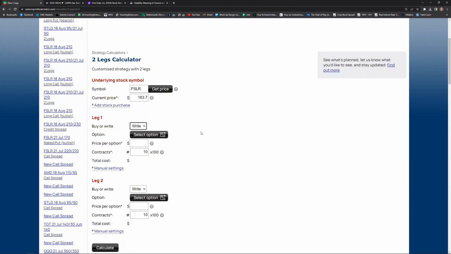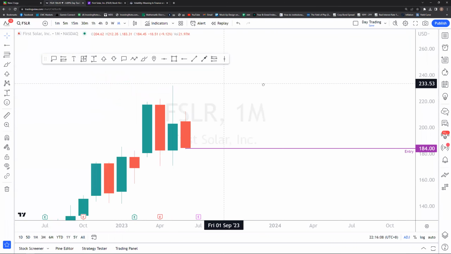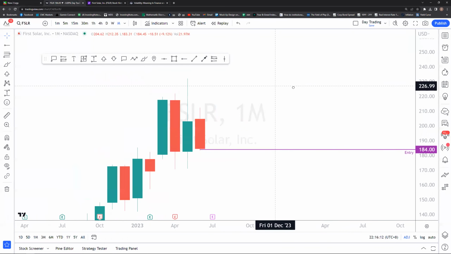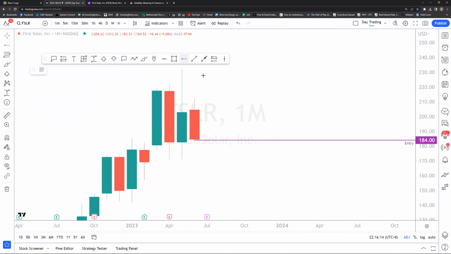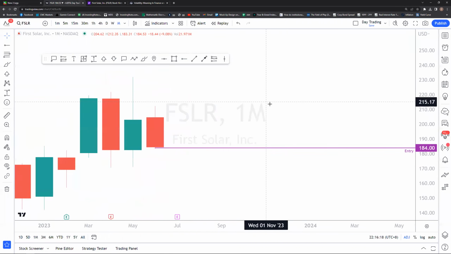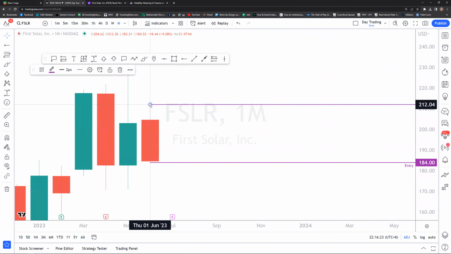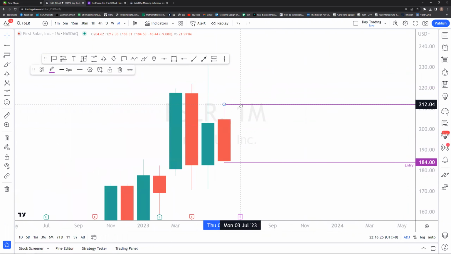So now we can work out a calendar spread and see what are the chances of hitting a certain price level lah. Okay, so in this case here, we are looking at call options, and then let's use this as a target, as in 212 lah. Okay, let's use this 212.